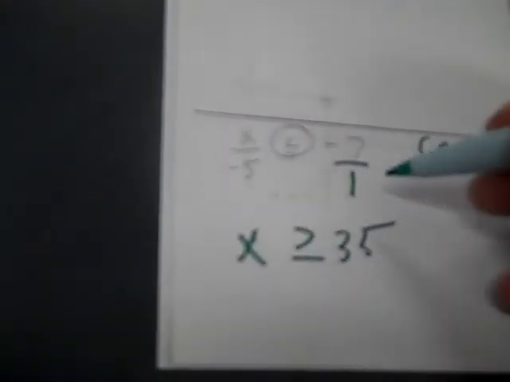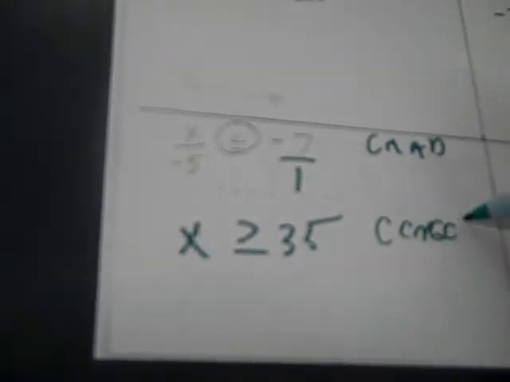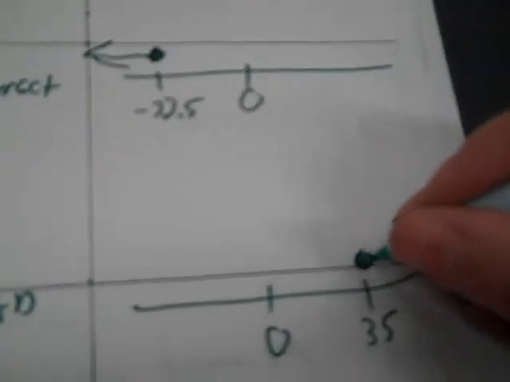Now to find the number that goes over there, we multiply and divide by 1. So negative 5 times negative 7 divided by 1 is 35. And that ordering is correct. Okay, so 35 is a number, circle, you can be equal, so fill it, and then greater than goes that way.